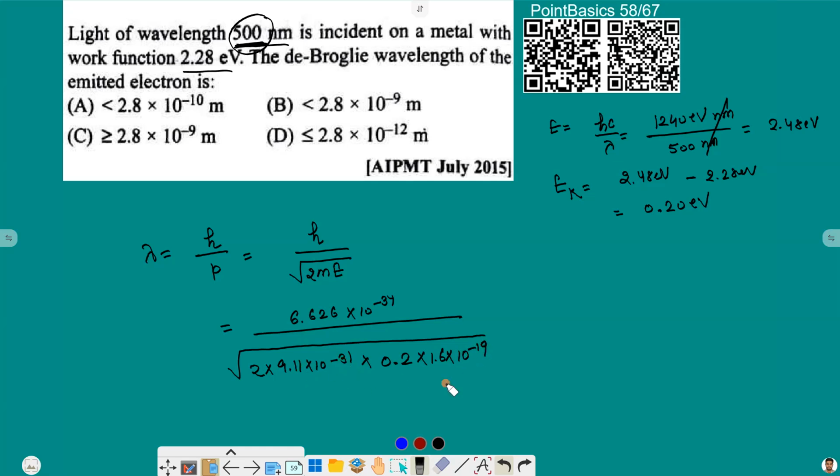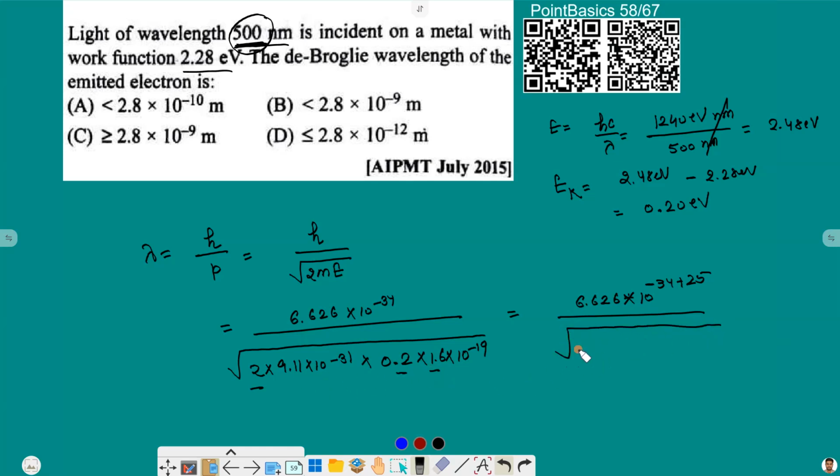Now 31 and 19 will give us 15, and after under root minus 25, that will go on the upper side. So this will be 6.626 into 10 raised to power minus 34 plus 25 divided by, here we will get 2, 1.6 and 9.11.